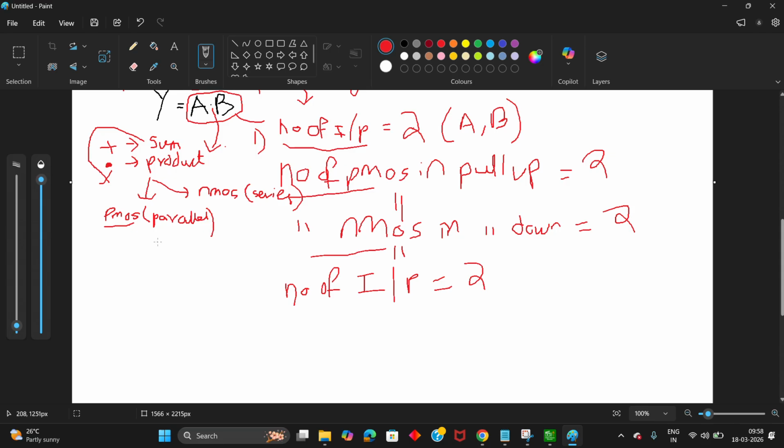Now, how to connect the parallel configuration of two PMOS transistors? They have a total of 3 terminals, right? To connect them in parallel, you just short the two drains of the two PMOSs like this. For example, this is one PMOS, and this is another PMOS.